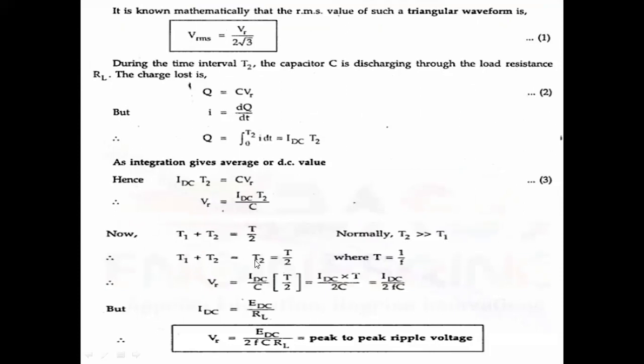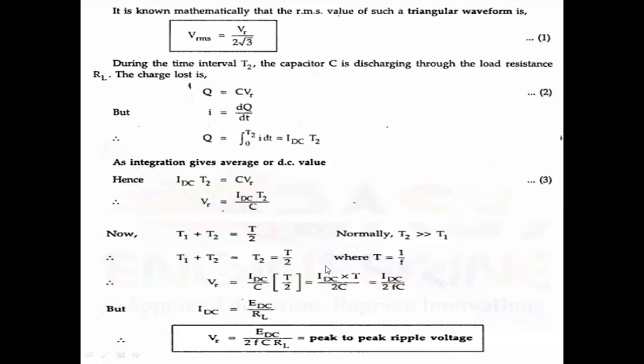Since T2 is very much greater than T1, we neglect T1. So T2 is equal to T by 2.